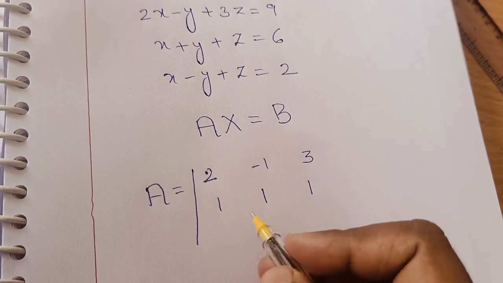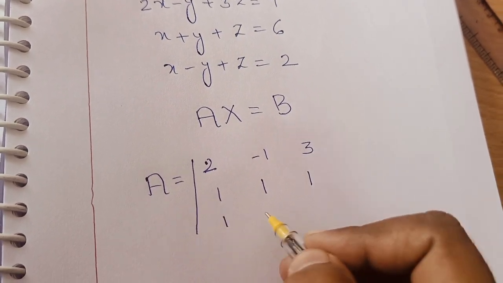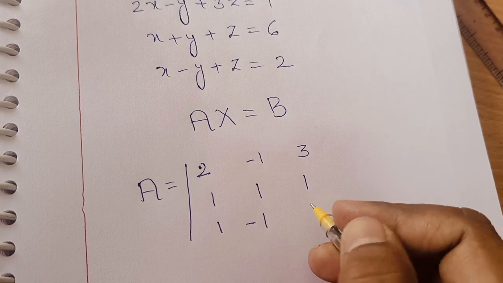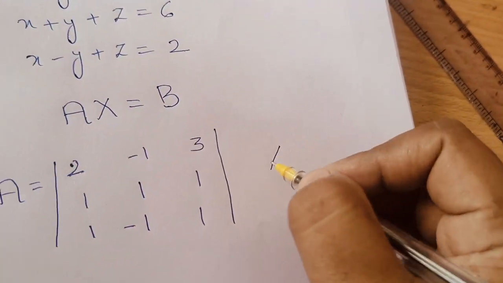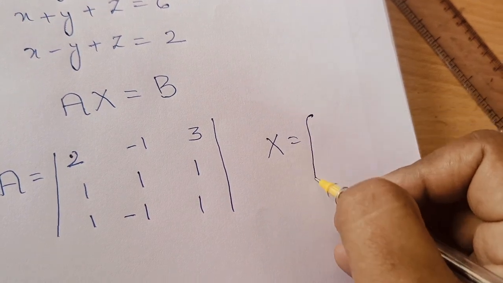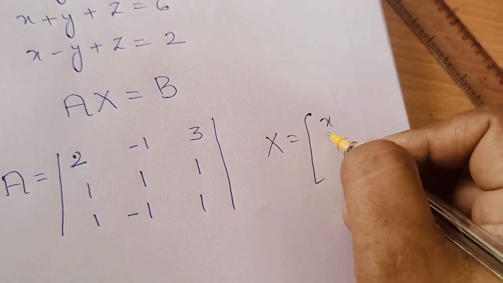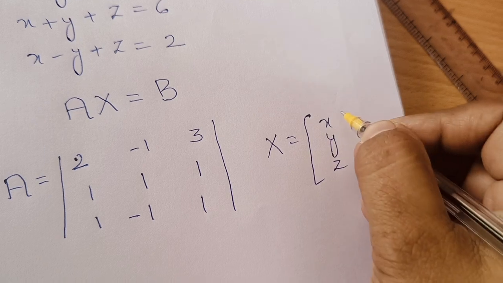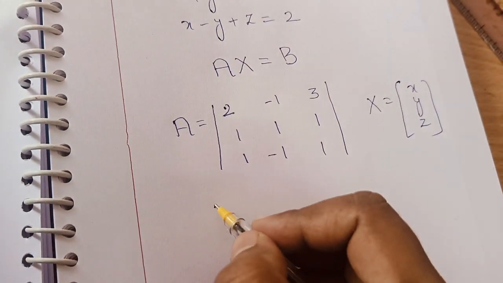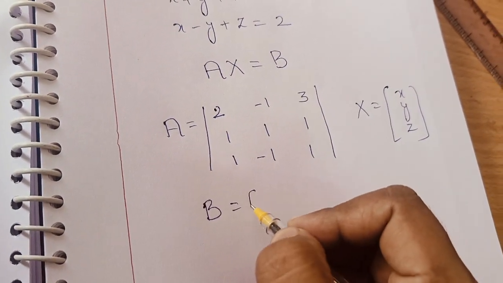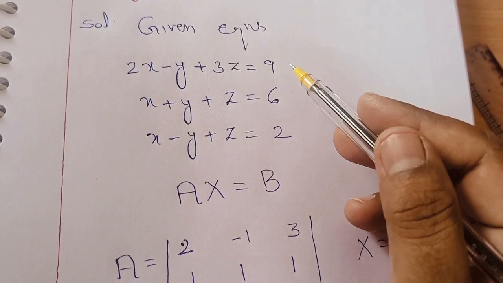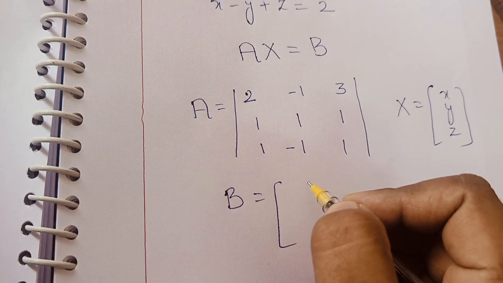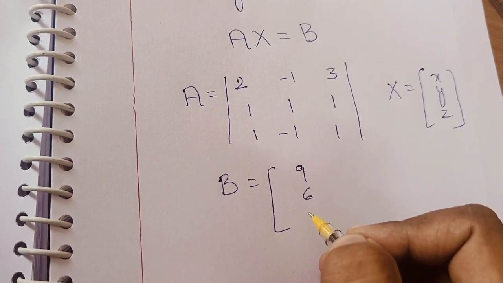Third row is 1, minus 1 and 1. Capital X contains the variables x, y and z. And B, the matrix B, contains the right hand side values which are 9, 6, 2.